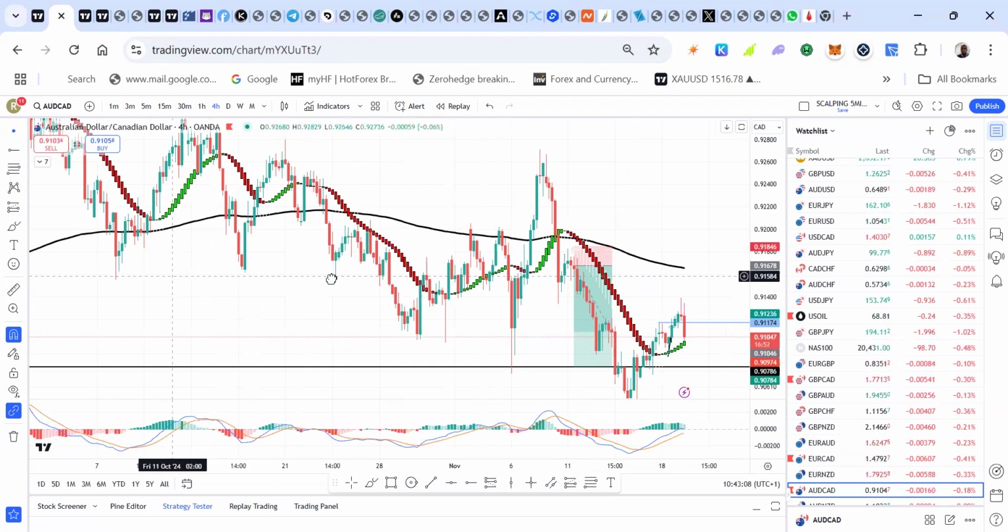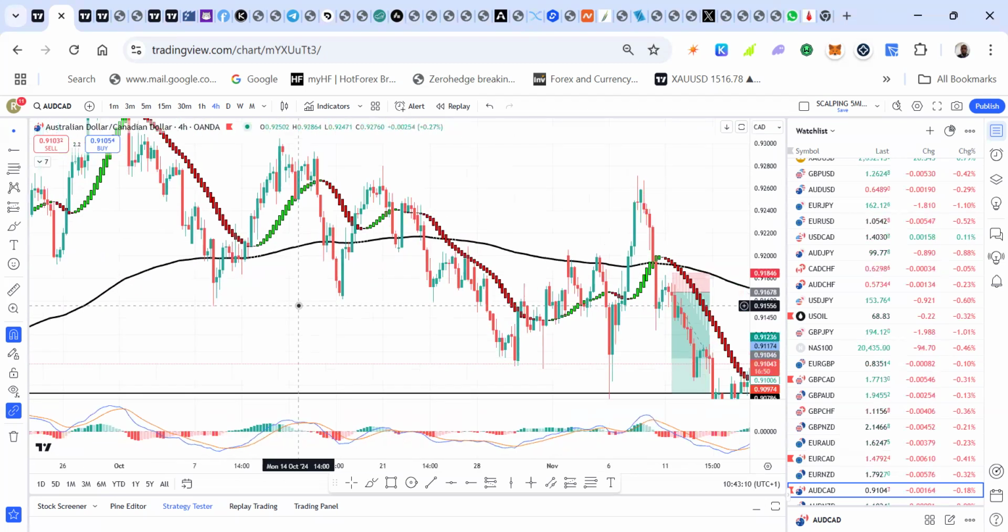So then, what is the relationship between this strategy and fundamentals? Now, at least by now, you should understand what fundamentals are, right? Fundamentals have to do with economic news, political news.